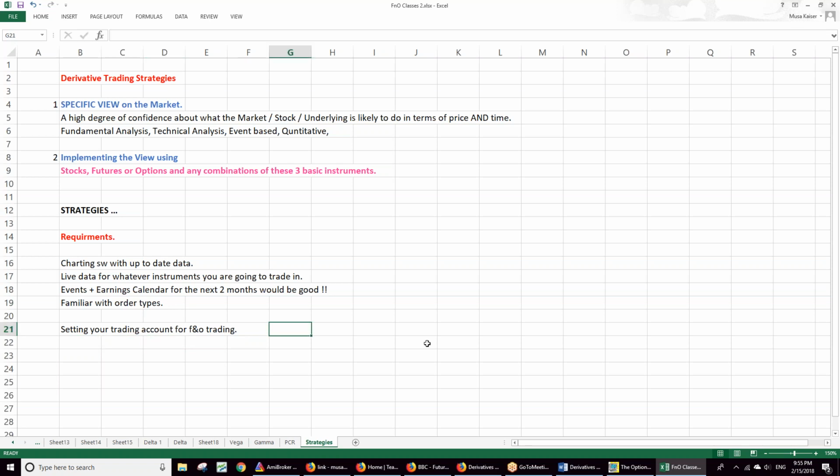Of course, we can't do that for all trading accounts and trading terminals, but we'll do that for at least two or three of the popular ones. And please investigate whatever you have at your end and get familiar with what is there, because it'll really be a shame if all that's there but you're not aware of it, and you jump into the trading part, but do not know how to actually go about it.